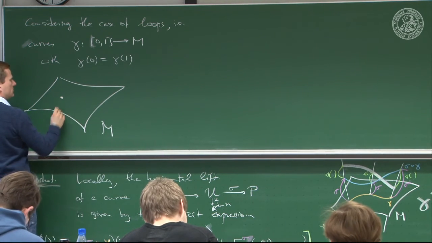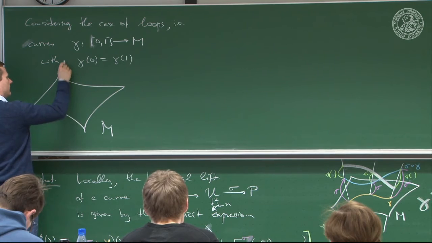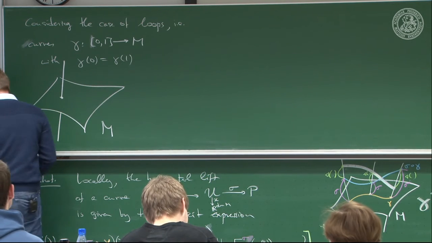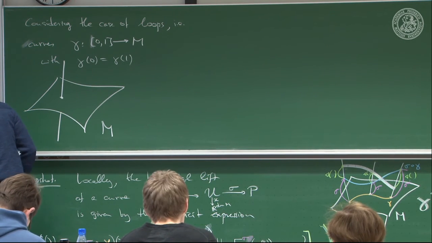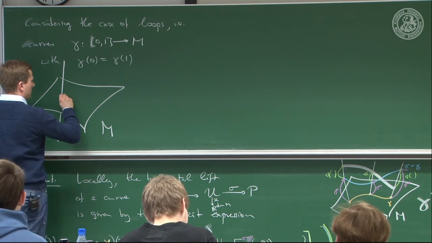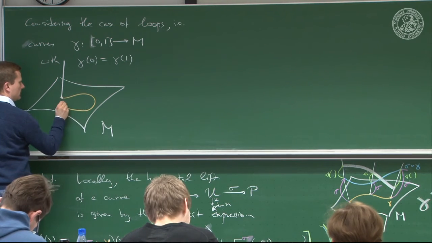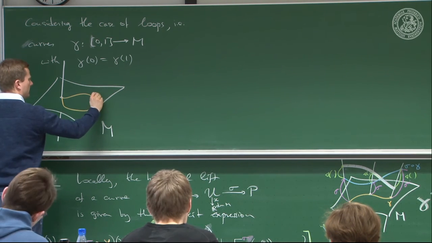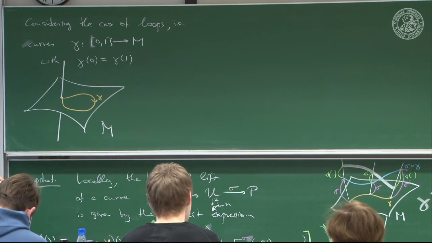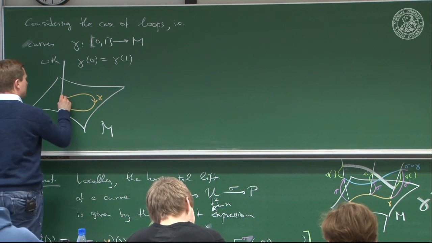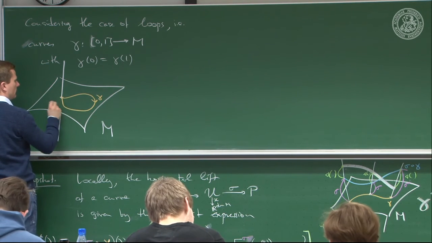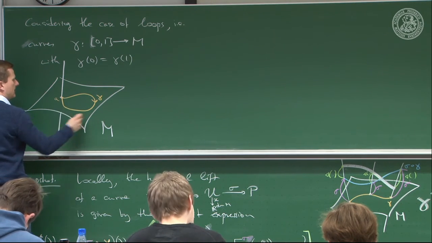So you go to a certain point here, you have a fiber over here, and now you consider a loop down here, so you move away, but you decide to return. Okay? It's a loop in the base space, and it's a loop based at gamma of 0. Well, could call this little a in M.